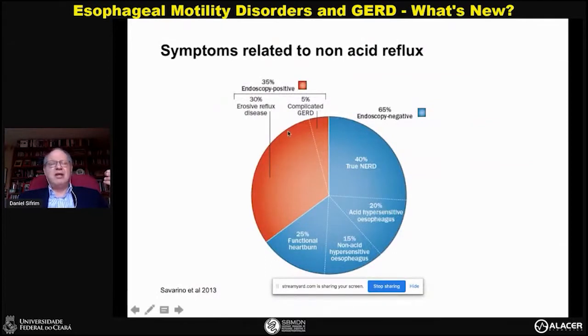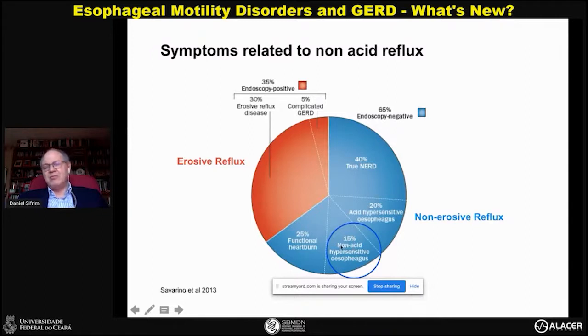If you have 100 patients with reflux symptoms, you will see that 35 of those will have erosive disease if you perform an endoscopy, and you have 65 that will not have esophagitis or Barrett's. Within this group of non-erosive reflux disease, there is a group that has hypersensitivity to non-acid reflux episodes.